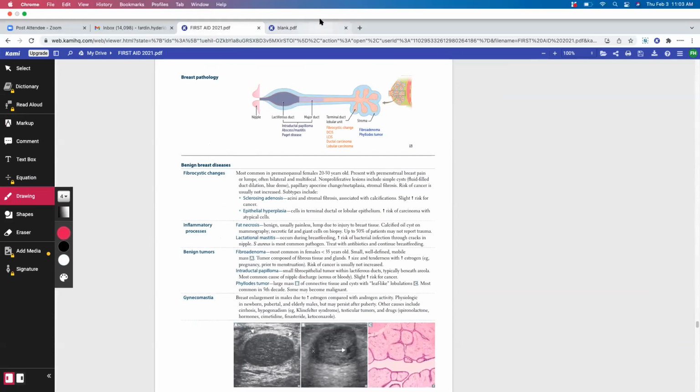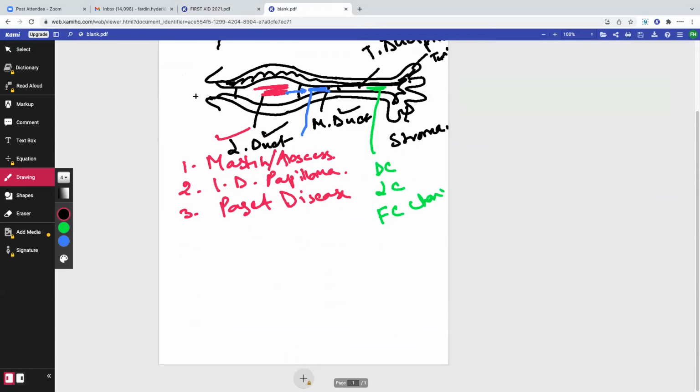Next, let's jump into the text. So we have benign diseases and then we have malignant diseases. Let's talk about the benign diseases. Now, I need you to understand something very, very clearly. When I talk about benign breast diseases, the majority of students have a very big difficulty differentiating fibroadenoma and fibrocystic changes.